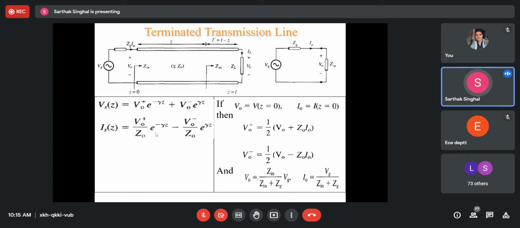Then we talked about the terminated transmission line, in which we tried to calculate the input impedance of this two-wire transmission line.